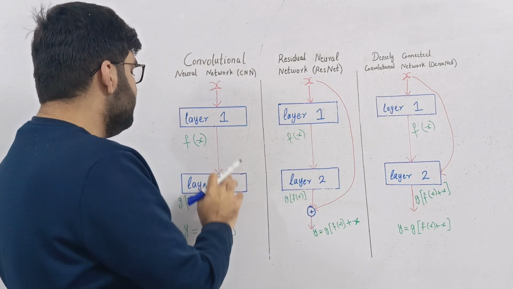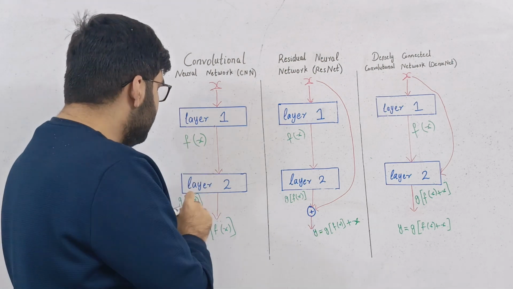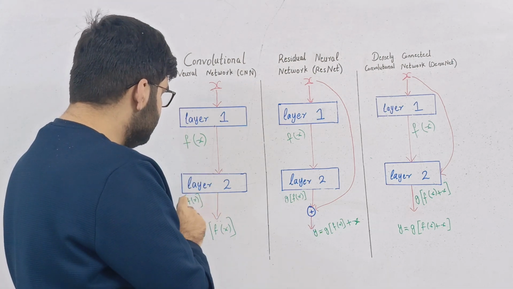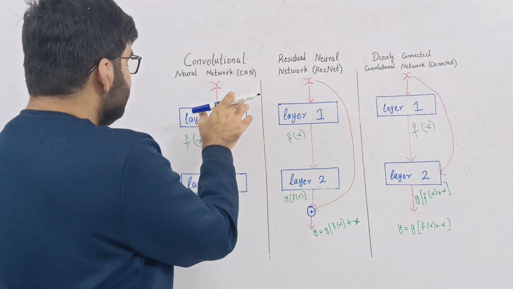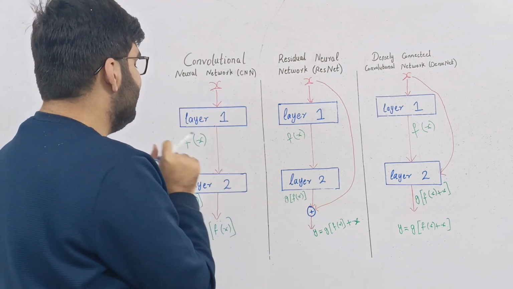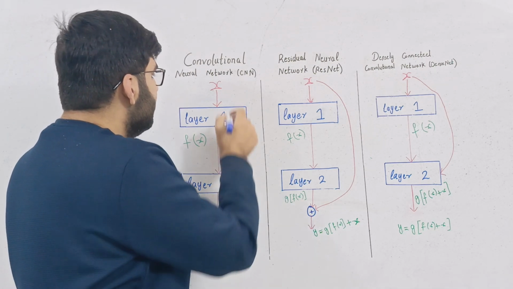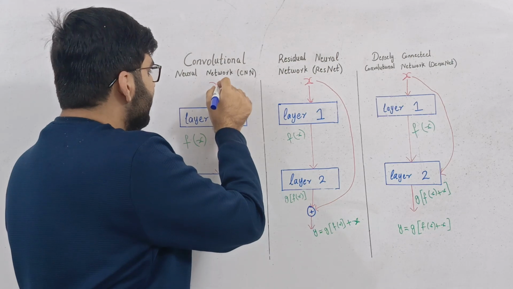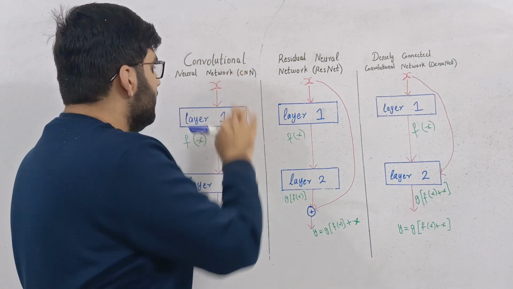The output of the first layer is F and the output of the second layer is G. The problem in the traditional convolutional neural network is that layer 2 is not considering this information. So X is being lost in layer 2.